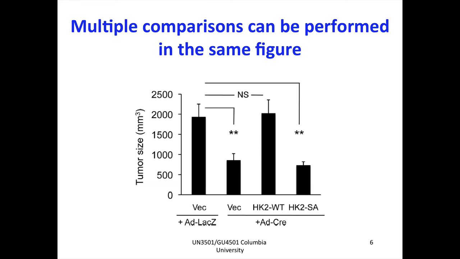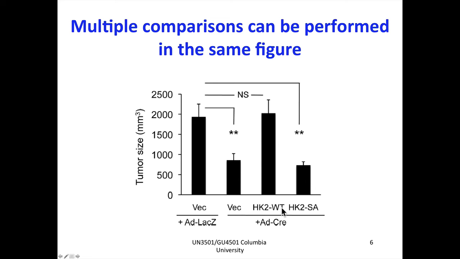How could they prove that the effect of CRE in reducing tumor size is due to removing hexokinase 2 from that fluxed allele? Well, the way they could do that is by showing if they treat with AD-CRE and they add back hexokinase 2 in a plasmid, that should reverse the effect of AD-CRE.